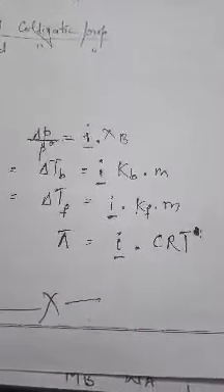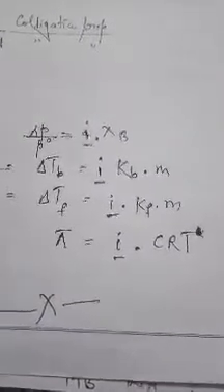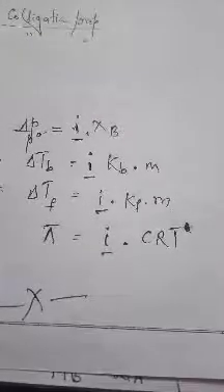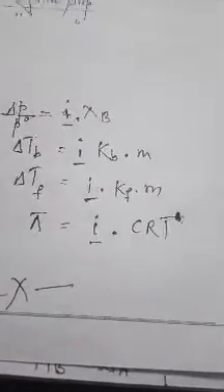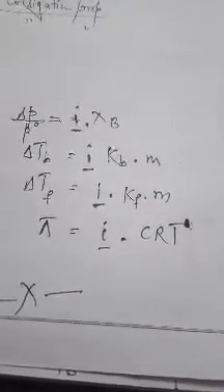So del P upon P naught, that is relative lowering, is i into XB. Elevation in boiling point del TB is equal to i into KB into m. Rest everything is same. Del TF is i into KF into m. And in the last video I gave pi is equal to CRT. अगर i दिया है तो pi is equal to i into CRT.